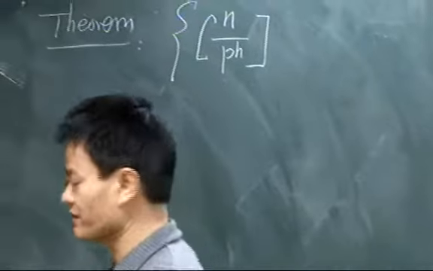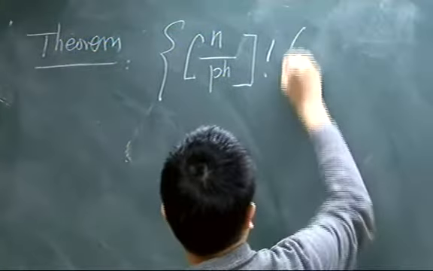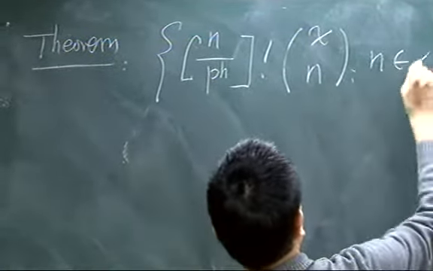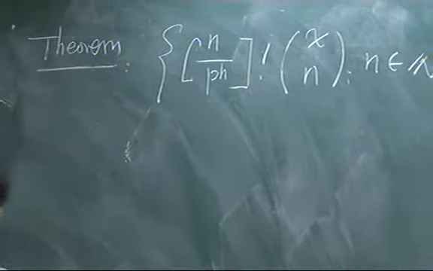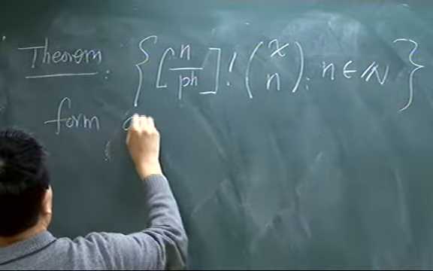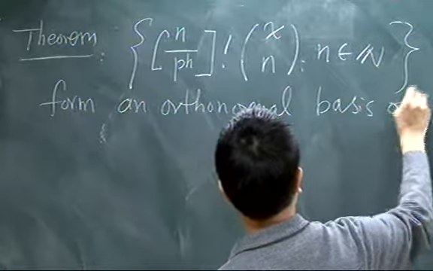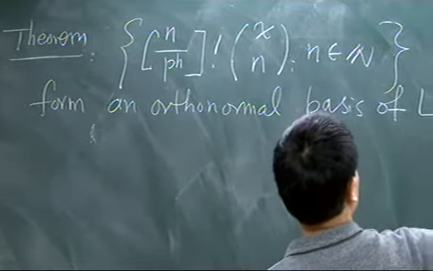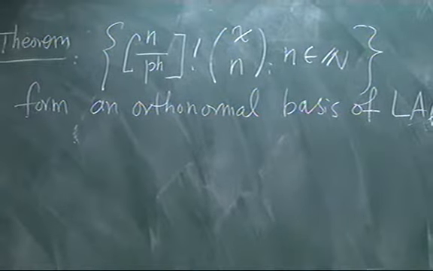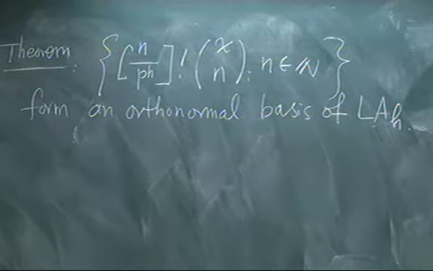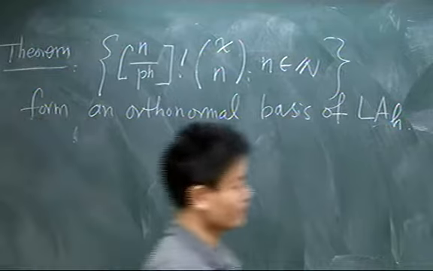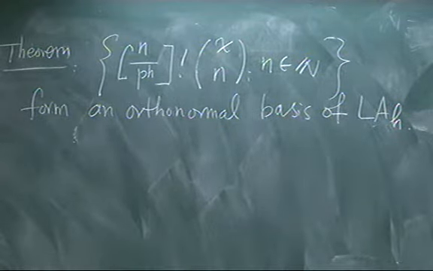It's like this: if we take the Gauss integer, n over p to the h, then take the factorial and choose x_n, n contained in N, then these form an orthonormal basis, over Q_p or Q_p to the L or Q_p to the Q. So this one, if you are more patient, you just take a look at this and you can find this is really the case.